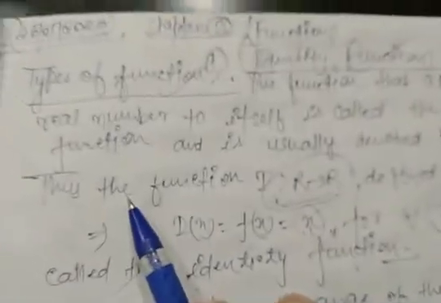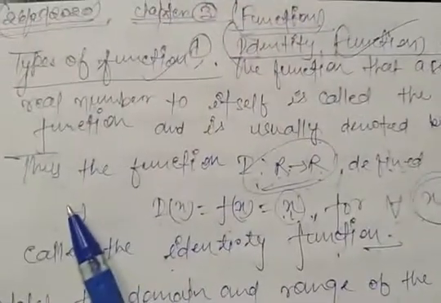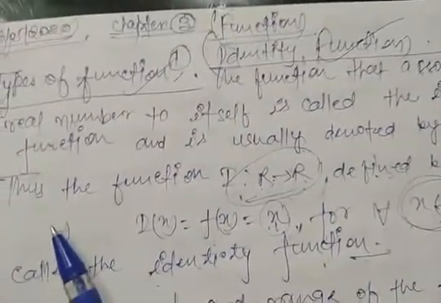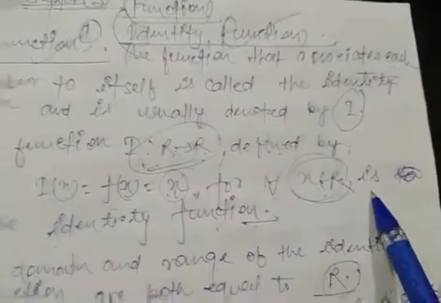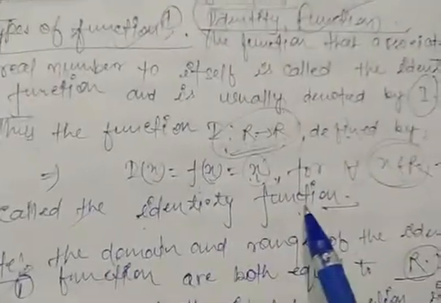Thus the identity function I, from R to R, is defined by I(x) or f(x) = x for all x belonging to the real numbers, and is called the identity function.